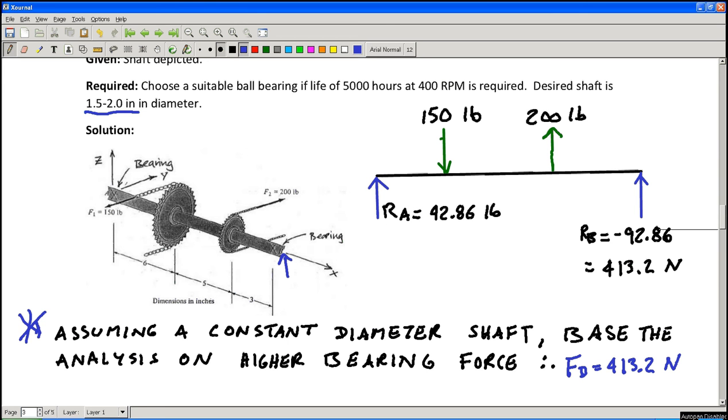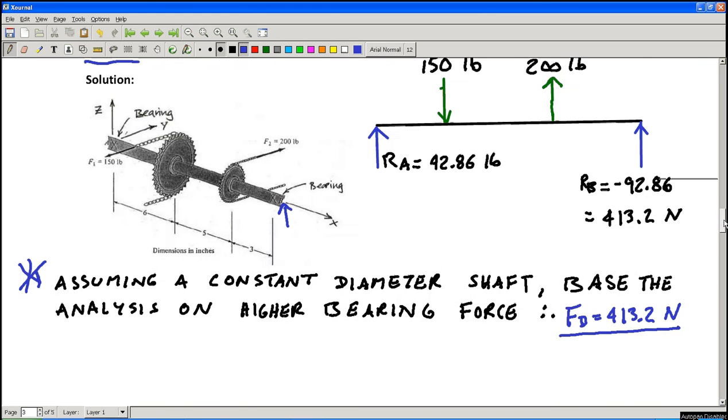This is a ball bearing, so A is going to be 3, and we are going to assume that it is non-Timken. So with FD identified as 413.2, the desired life and RPM specified, we can calculate a C10 value and then see where we're at in the bearing tables.